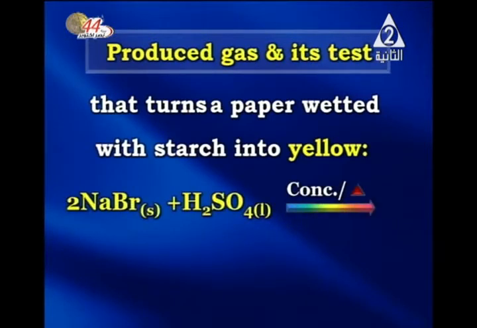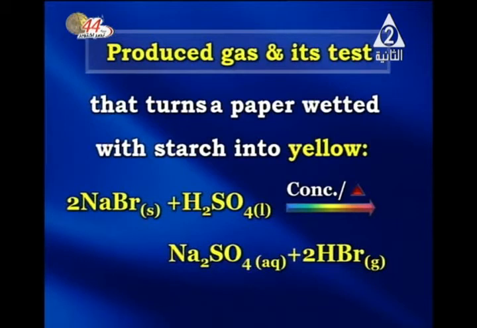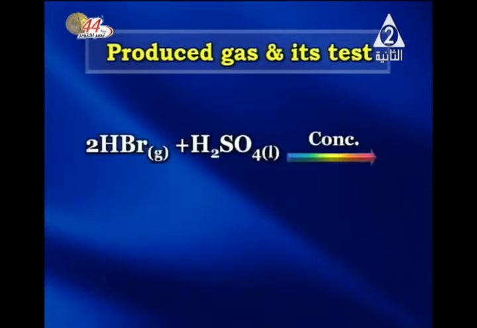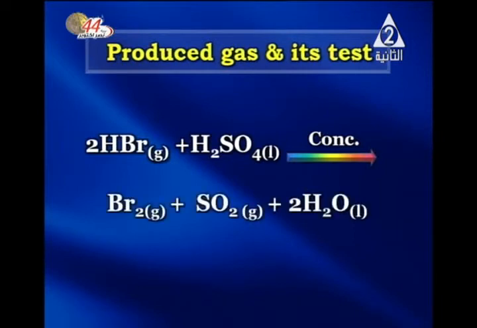As the equation proceeds on the screen, sodium bromide plus sulfuric acid gives sodium sulfate and hydrogen bromide gas. This hydrogen bromide gas is oxidized by sulfuric acid, giving bromine gas, sulfur dioxide gas and water.